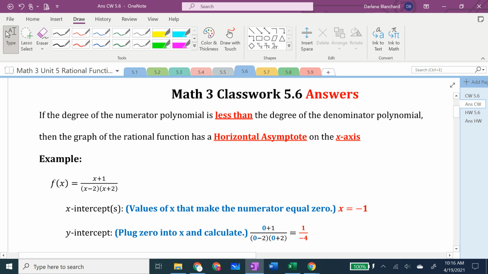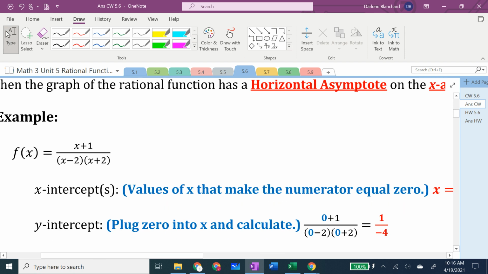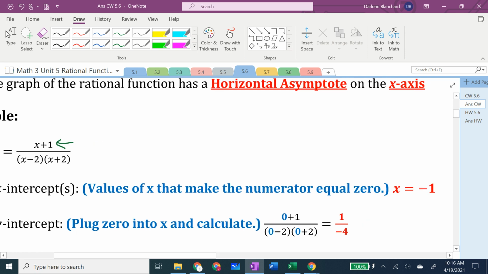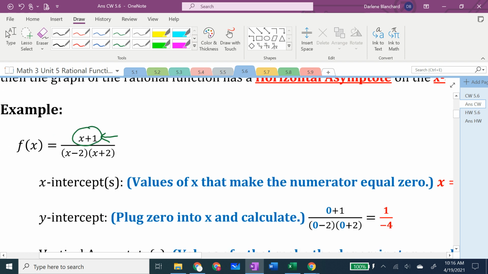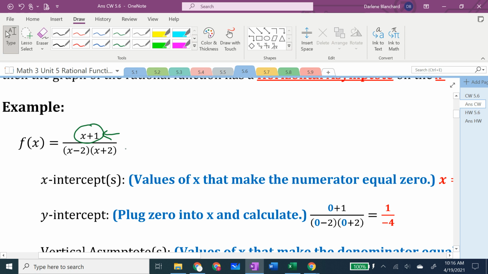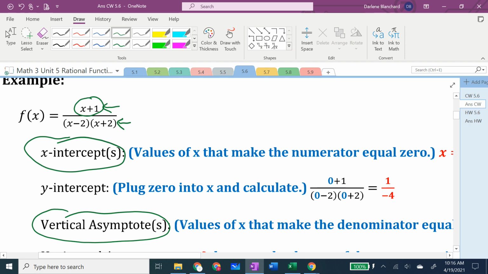Now, the x-intercepts, those are the values of x that make the numerator equal to 0. And we learned that last time. So the numerator is equal to 0 with our first example when x is equal to negative 1. Now understand that when you go to what makes the denominator 0, that changes to finding where your vertical asymptotes are. And I want to really point out the difference here, because sometimes people get confused.